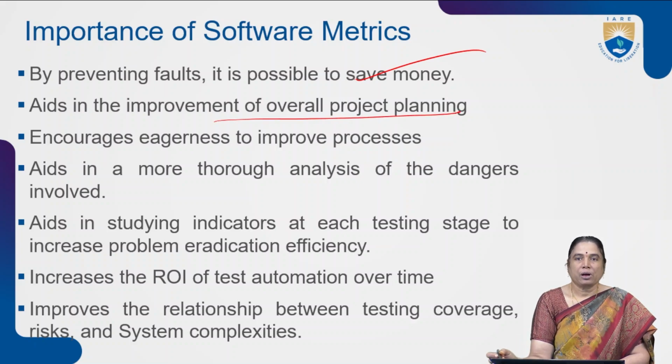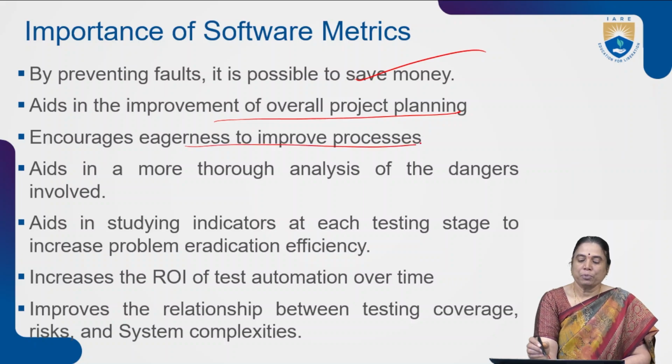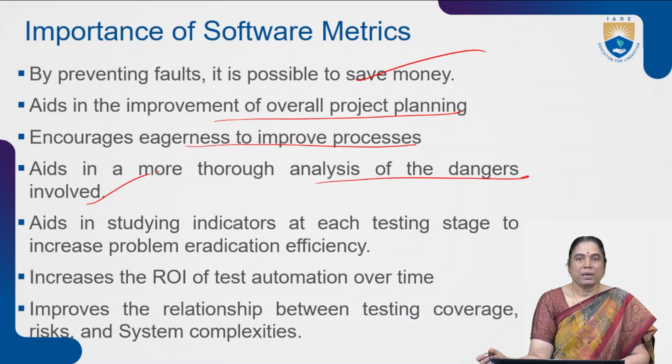The resources, cost and time can be estimated with the help of a variety of models. It encourages eagerness to improve processes. It aids in a more thorough analysis of the dangers involved. The risk can be identified early and risk mitigation plans can be performed.